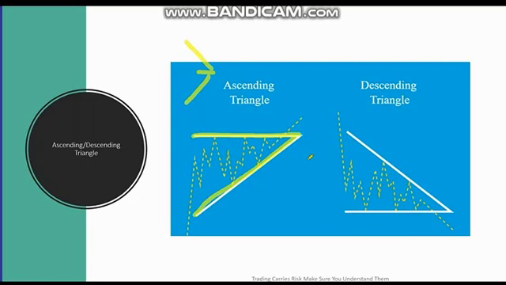So one line slopes while the other one stays horizontal. In a descending triangle, which usually comes off of a downtrend, you get a horizontal line and one sloping line. You would still measure the width of this move here, the width of this move here, and the apex is still the same here.